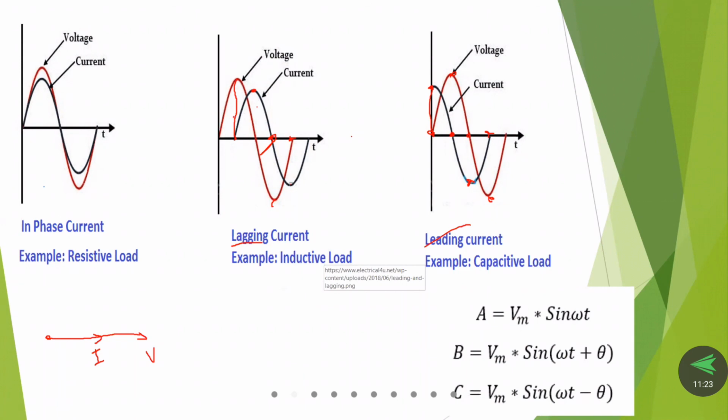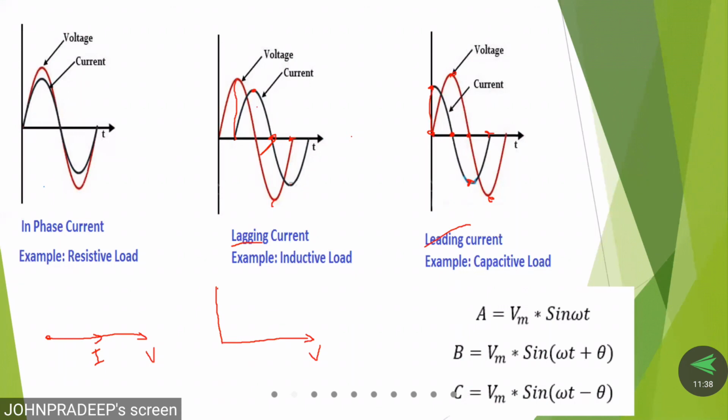Voltage is the leading, current is the lagging. If we take voltage as the reference, then the current is in the lagging position.